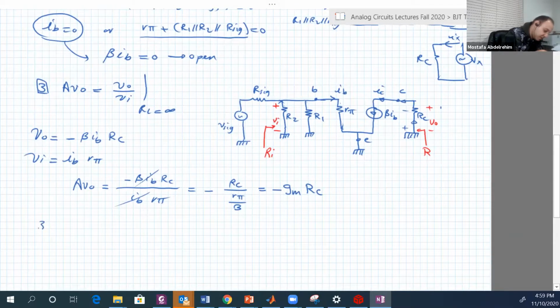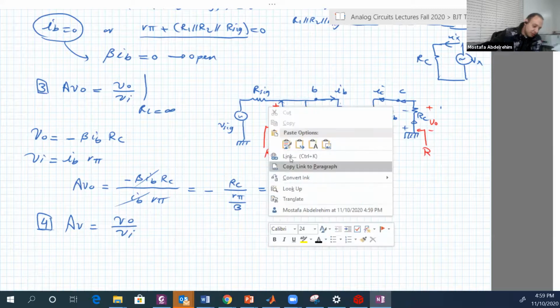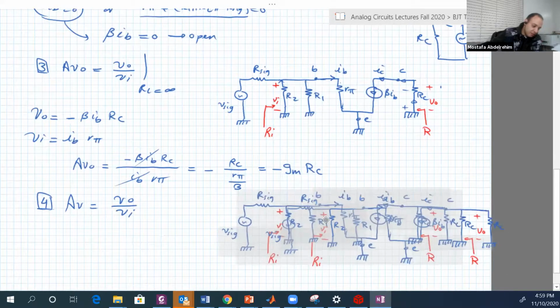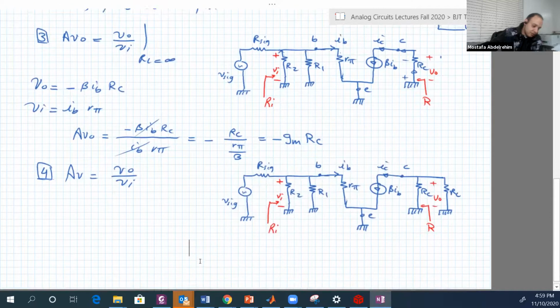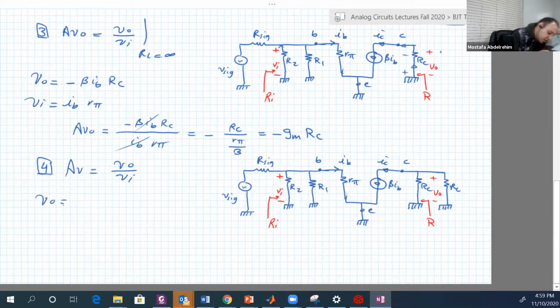Number 3. I'm sorry, 4. AV is just VO over V input with RL there. So let us put the circuit again. Here VO: now beta IB is flowing in the parallel combination of RL and RC, so minus beta IB RL parallel RC.